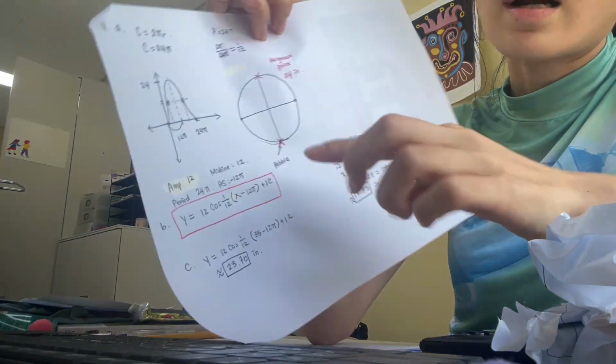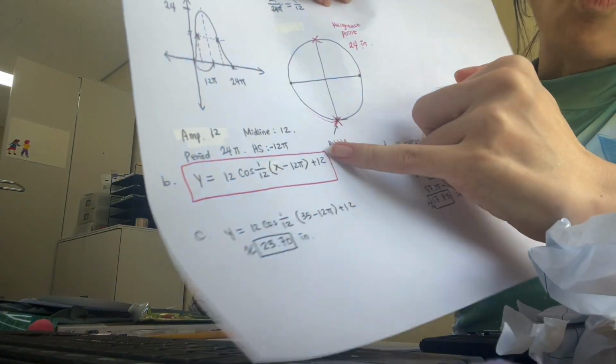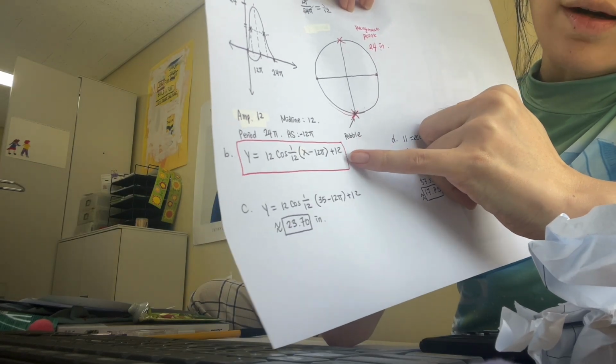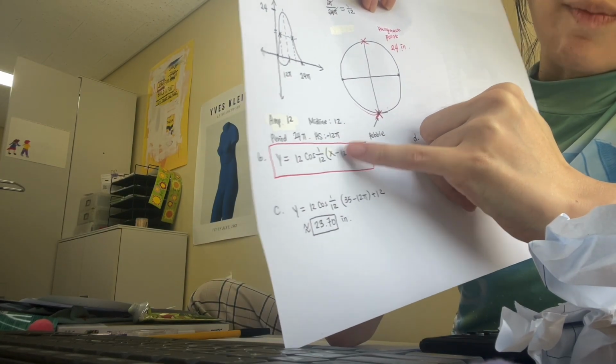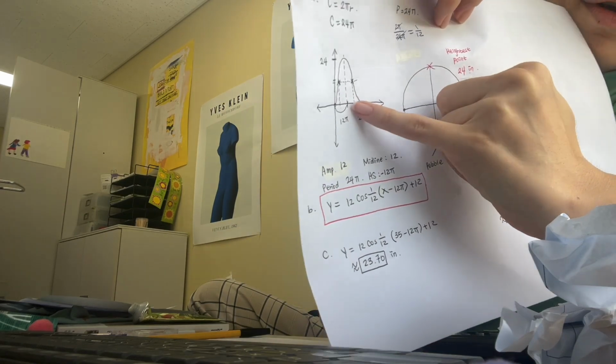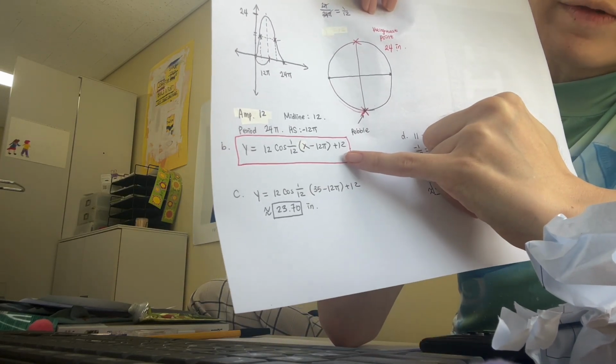So after I did all of that, what I end up getting is y equals 12 cosine 1/12 x minus 12 pi. There's a horizontal shift of negative 12 pi plus positive 12.